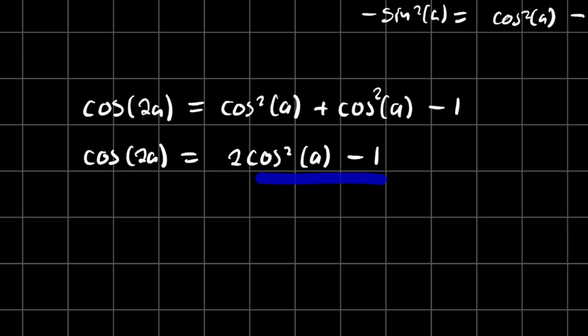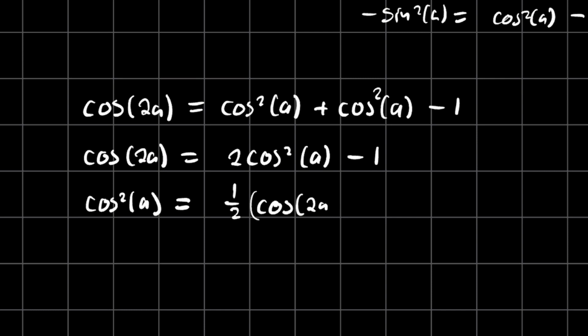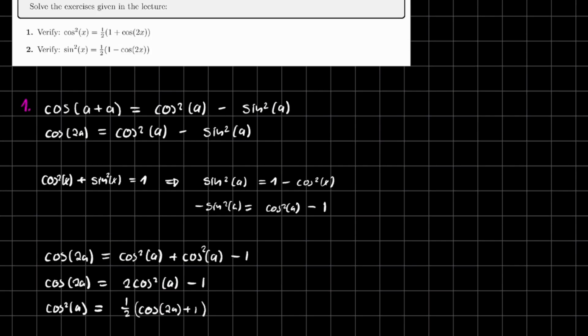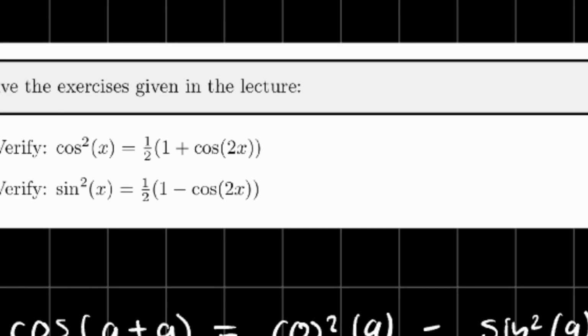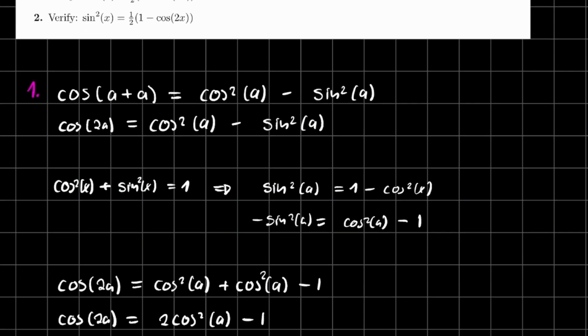We move the minus 1 over to the left, and the 2 is going to be dividing. So we get cosine squared of A is basically 1/2 of cosine 2A plus 1. And this is what we wanted to find. As you can see, it's the same thing as here, except here we use x, but it's the same concept.